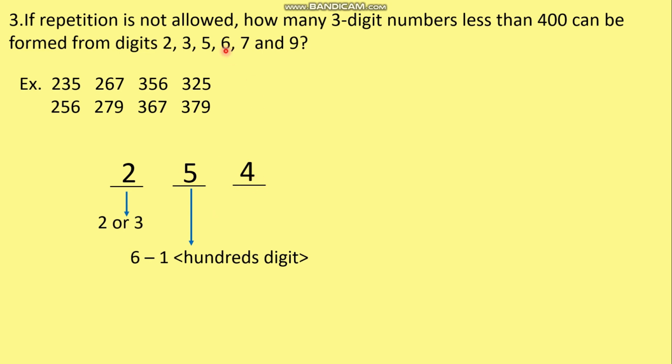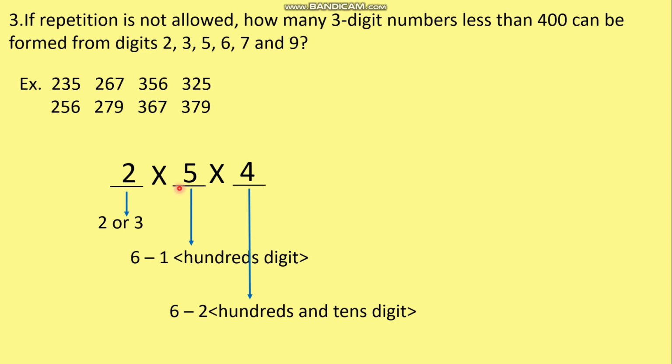Kasi nabawasan na ng dalawa yung choices natin, yung nilagay natin dito sa hundreds and tens digit. So, 6 minus 2, 4 na lang. Then, by principle of counting, multiply lang natin tong mga number of ways: 2 times 5 times 4 is equal to 40 ways. Meron tayong 40 3-digit numbers na less than 400 na ma-form dito sa mga digits.